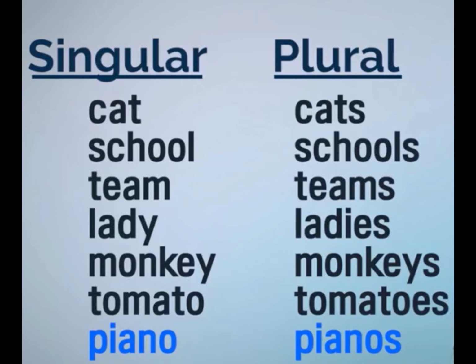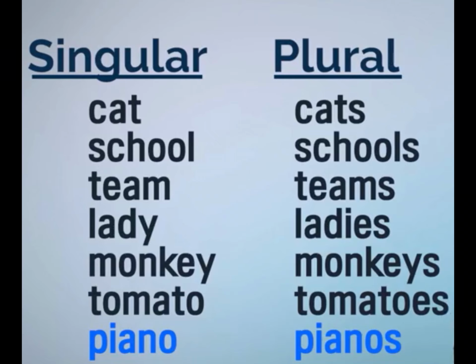The first thing you need to know is that a singular noun means one. For example, cat, school. You can say cat or one cat, school or one school, team or one team. And plural, we know that it is more than one. It could be 2, 3, 4, or many. So if we have cat, cat becomes cats.